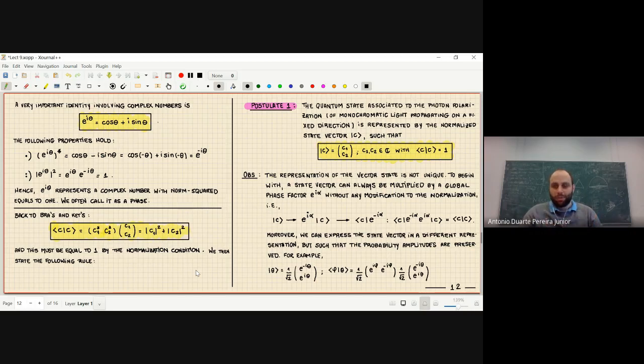So what I'm saying here is, I'm making this speech because we are going to write down postulates, and some postulates will simply not resonate with your intuition. And as we discussed previously, you should not expect that your intuition is useful in the microscopic world, because you are not a microscopic being.